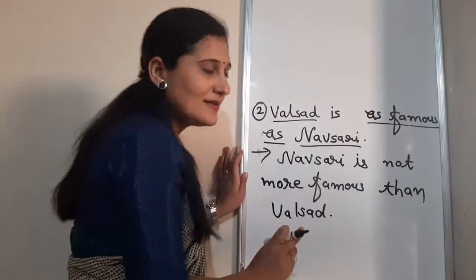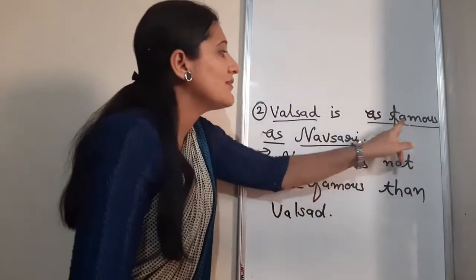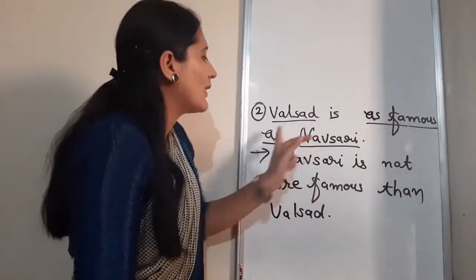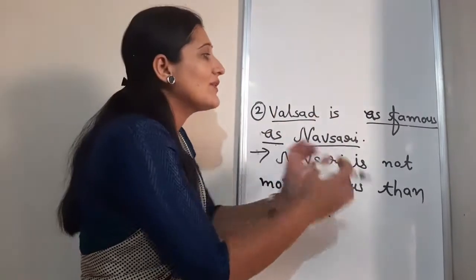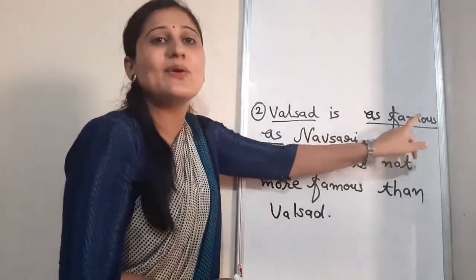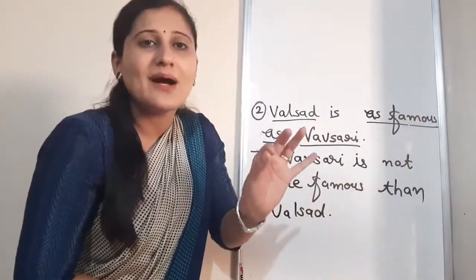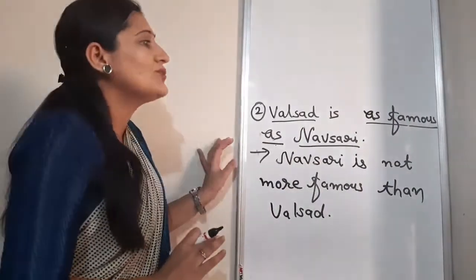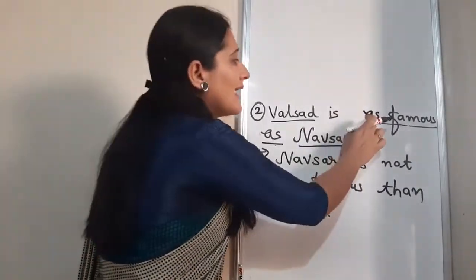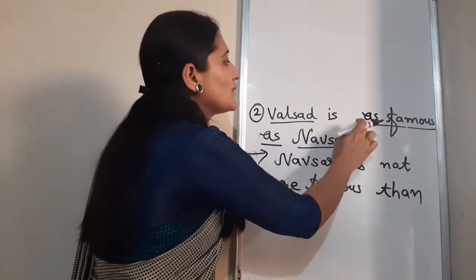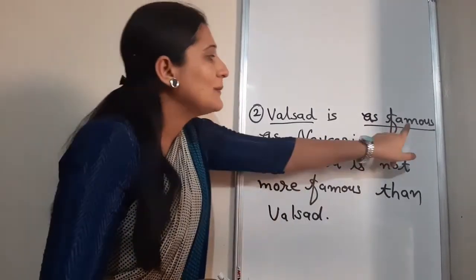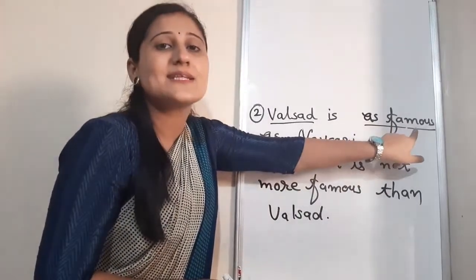We have added it. And then after, whichever, as, so, as. In between whichever word will be there, that will be your adjective. Keep in mind, if you are unable to find the adjective, then as, adjective, as, so, adjective, as. So in between you will find the adjective.